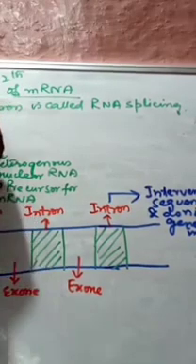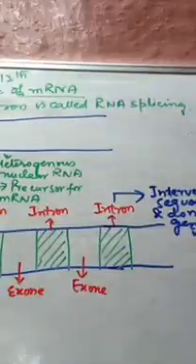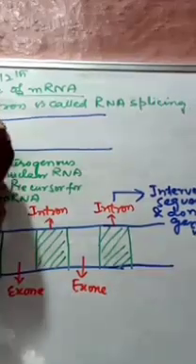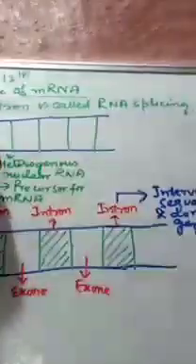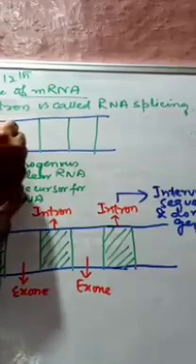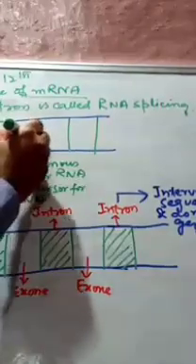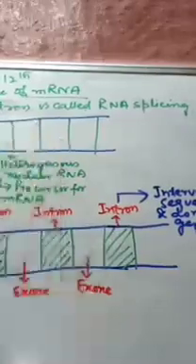So what happens? The structure becomes like this. This is the exon, this is exon, this too is exon. Sorry, I will write with this red pen so that it becomes somewhat clearer to you.